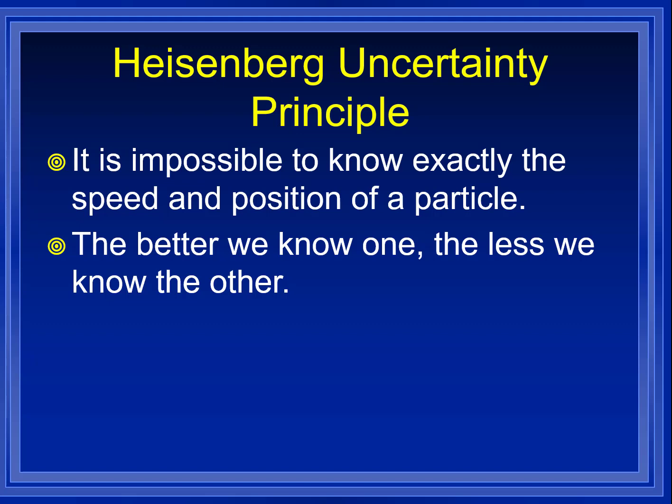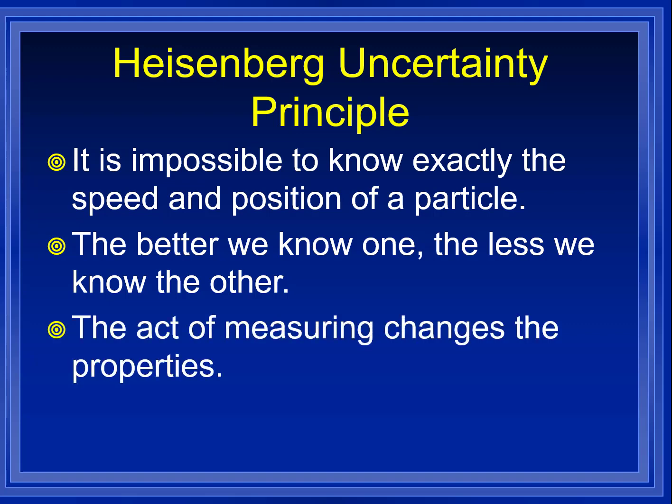And the limit comes out of a bizarre place. The reason why there's a limit is because by measuring the position, I change the speed. Or measuring the speed, I change the position. The act of measuring changes both the thing you're measuring and the thing you're measuring with.